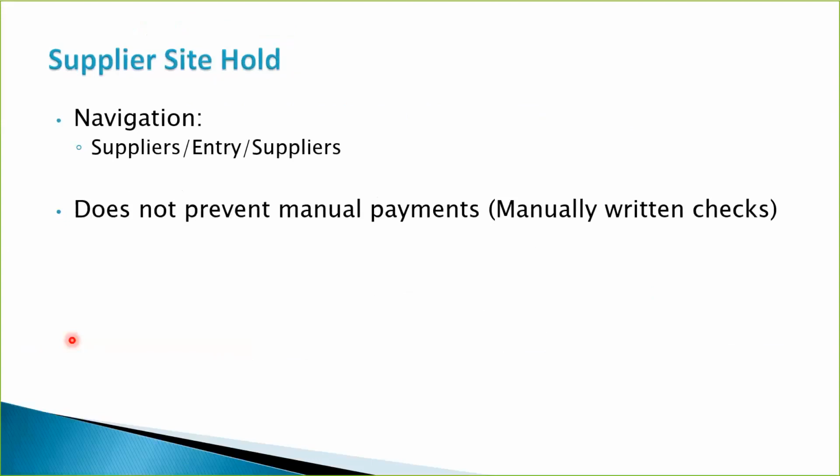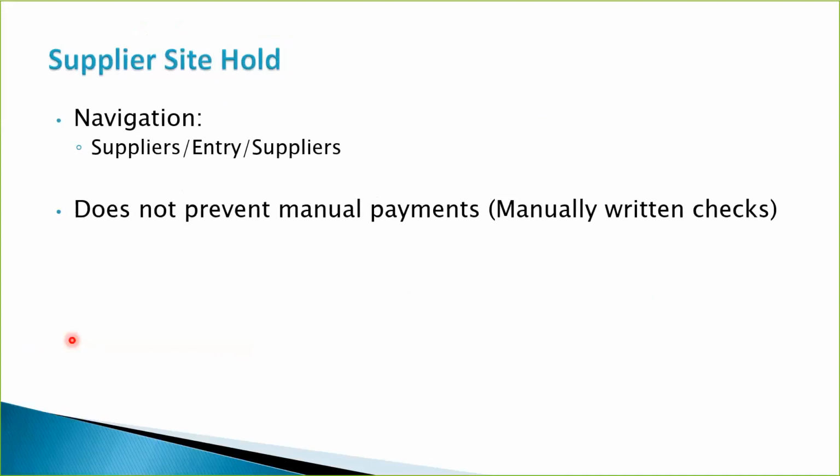So in our previous session, we talked about types of invoice holds, and we said that we have manual holds and system holds. We said under manual holds that we can place manual holds at the supplier site level.